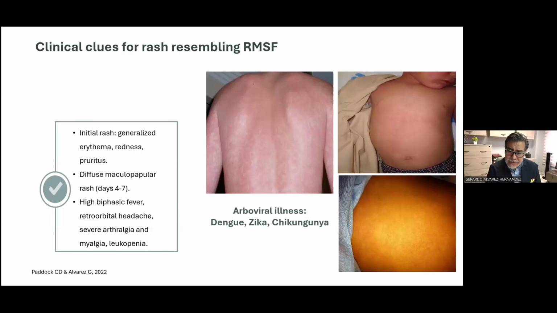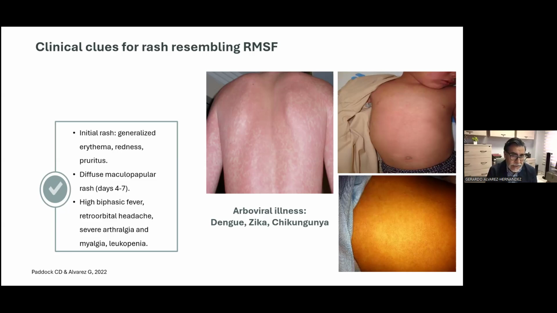In the following slides, I will share some specific clues or characteristics to distinguish RMSF from other exanthematic diseases that can be considered the most common to compare with RMSF. For instance, in Latin America, I would say in Mexico and other countries, for instance, Brazil or Colombia, arboviral infections, particularly dengue, Zika, and chikungunya, are among the most relevant.